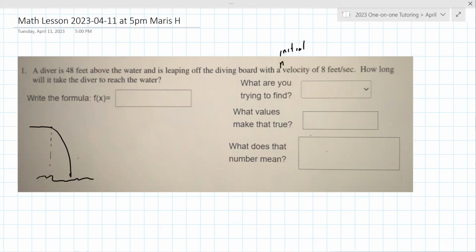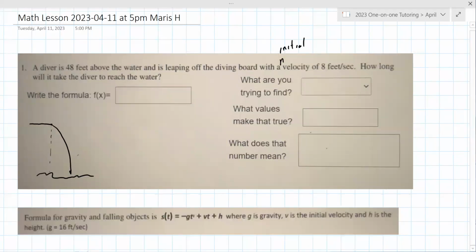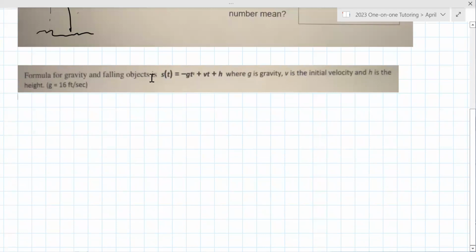All right. The nice thing here is they give you an equation. You probably saw that at the top there. Have you taken physics? Physics usually comes a little bit later after chemistry for most students. You'll do this all the time in physics, this equation down here. See how it starts out minus gt squared.